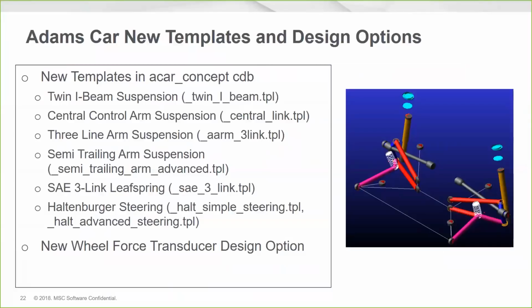There's a number of templates now where that wheel force transducer design option is available. And there's a vehicle dynamics requests design option as well, which gives you a few more output requests as standard on your vehicles, and all of those will be documented in the release.